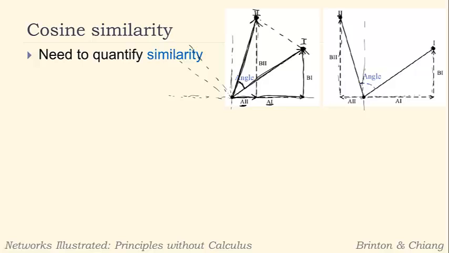Now this angle is getting a little larger, and you can see there's not any same directionality here because the users responded differently. User 2 liked this movie and liked this movie, so for user 2 there seemed to have been a positive correlation in taste, but for user 1 there seemed to have been a negative correlation. So right here there's really no correlation at all.